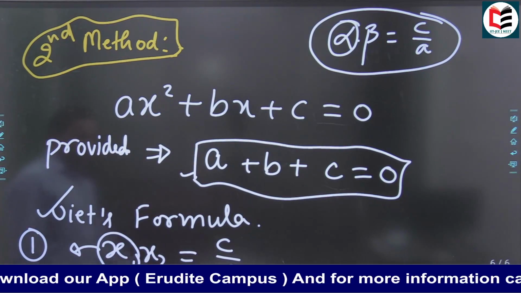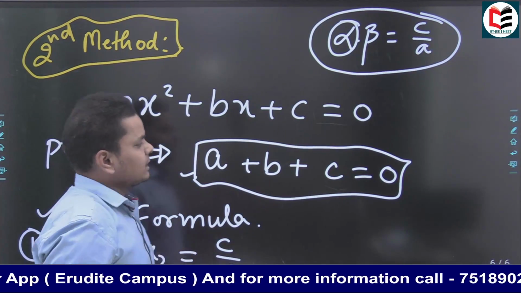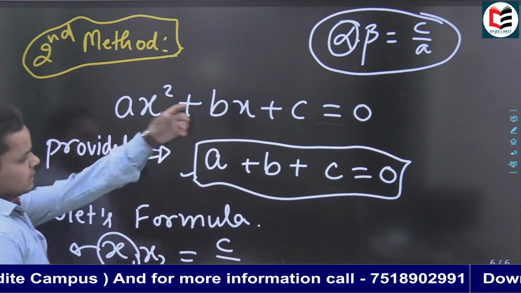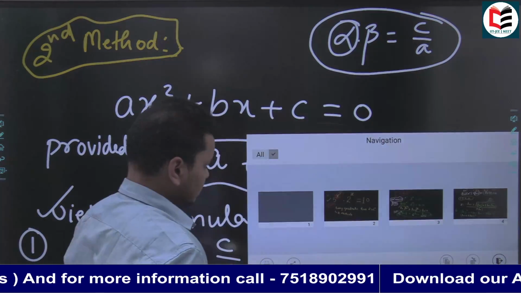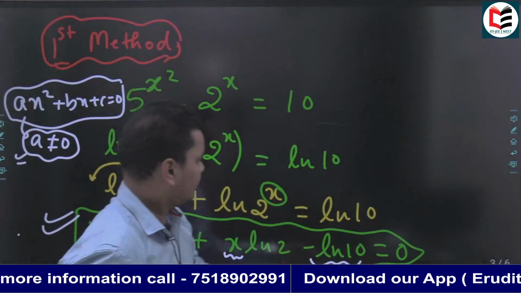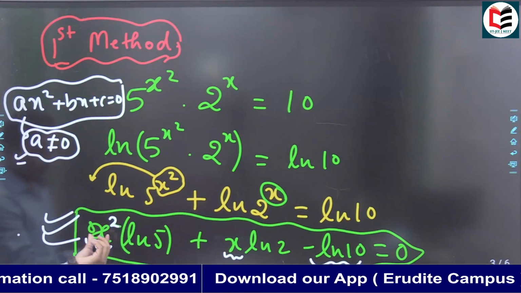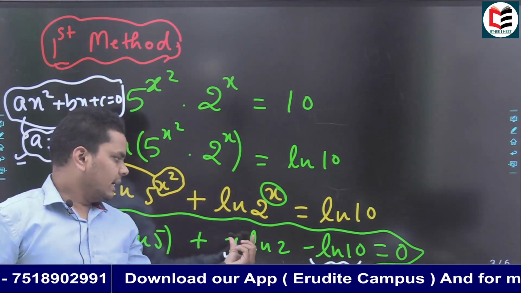All right, now as we have seen here, our quadratic equation was this: x square ln 5 plus x times ln 2.